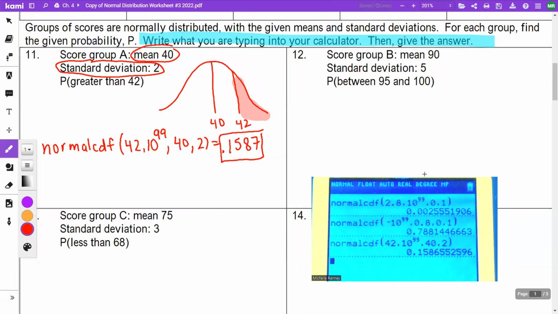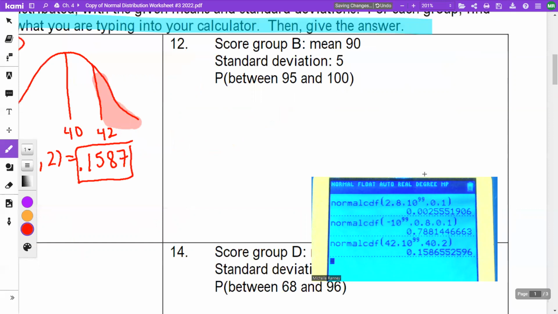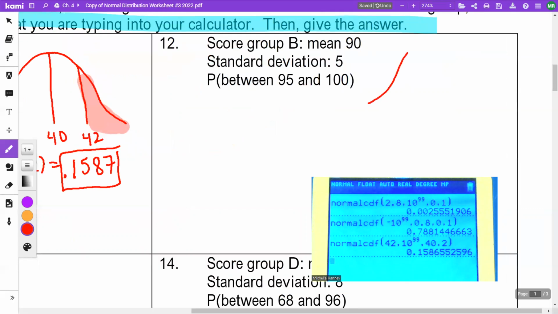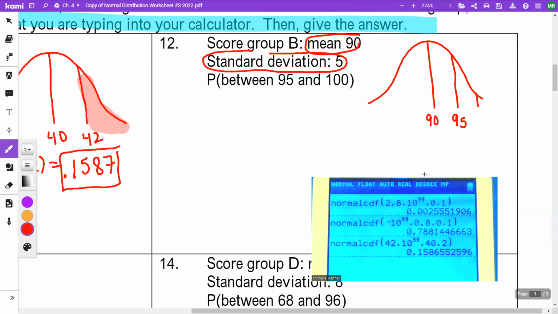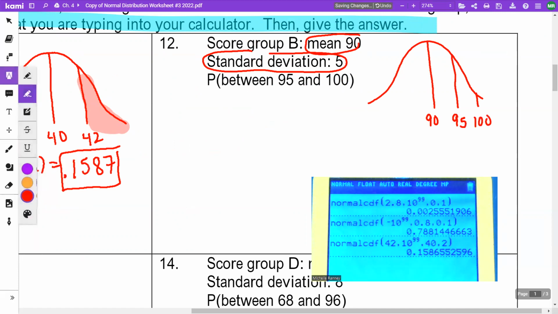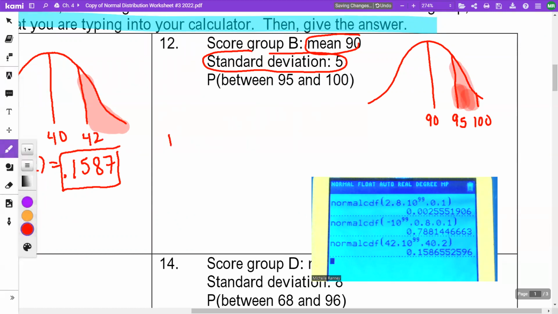Okay. On number 12. Okay, this time our mean is 90. Our standard deviation is 5. And I want it from 95 to 100. So we're going to go normal CDF.